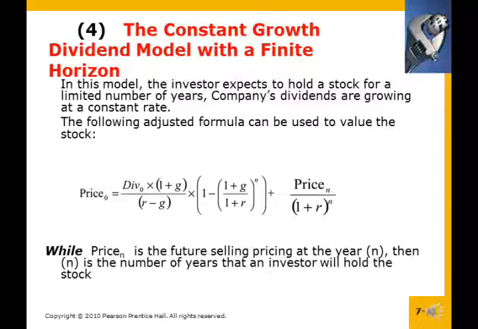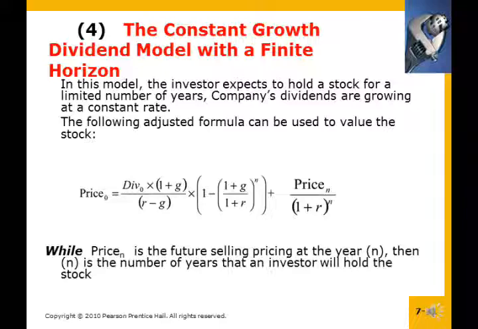Price note is equal to, we will divide it into 3 parts to simplify as much as possible. The first part is dividend note times 1 plus g divided by r minus g.